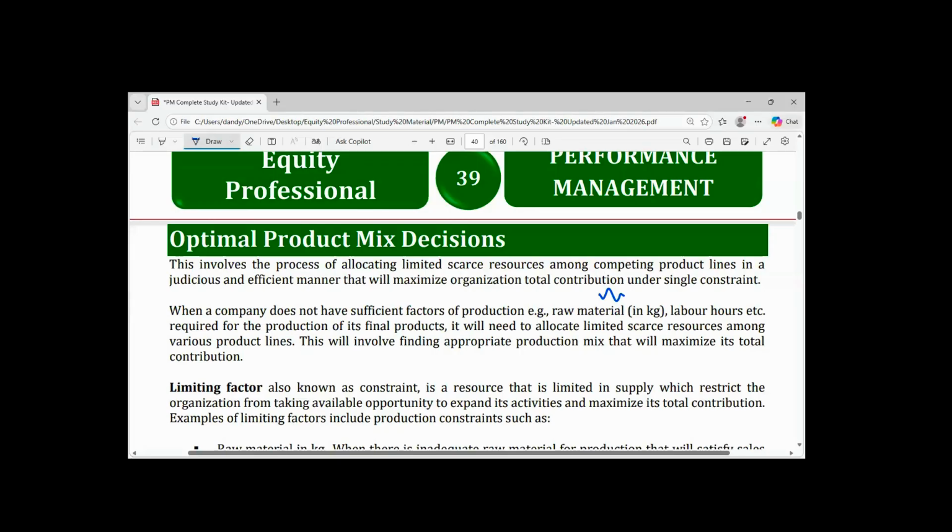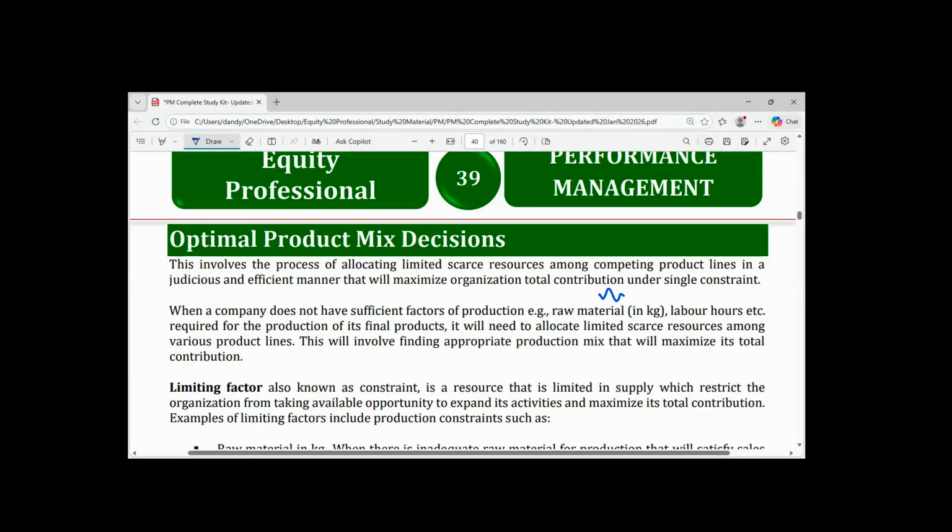Now, when you talk about optimal product mix and linear programming, one thing should cross your mind: the company does not have sufficient resources to produce. Therefore, the little that you have, you want to allocate in such a way that will enable you to maximize production or profits. That is the intention of the management.